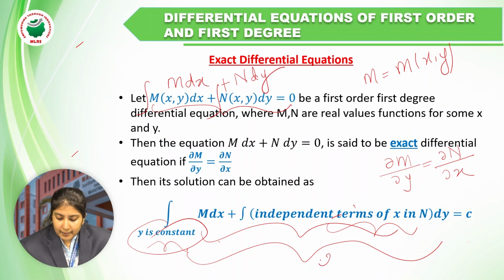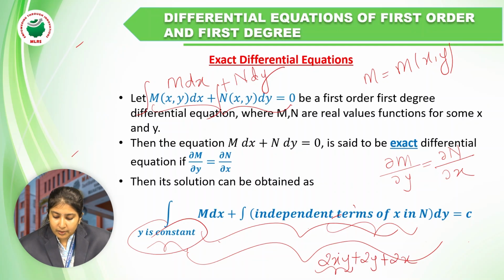For example, I have 2xy, 2y, 2x. I cannot take the term 2xy because it is not independent of x. I cannot take 2x because it is not independent of x. I can take 2y because it is independent of x. Do you understand what I want to convey? You only can take the terms which are independent of x, not the terms having x in them, and you have to perform integration.